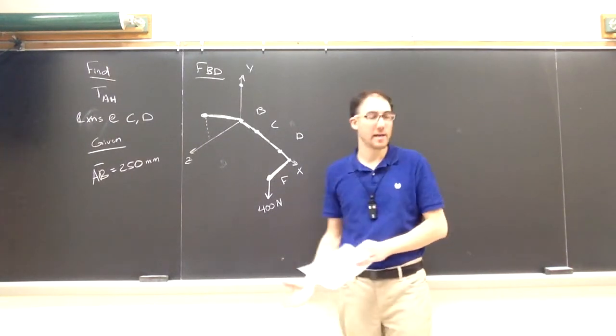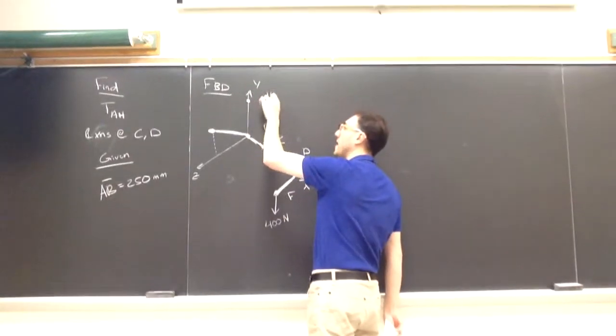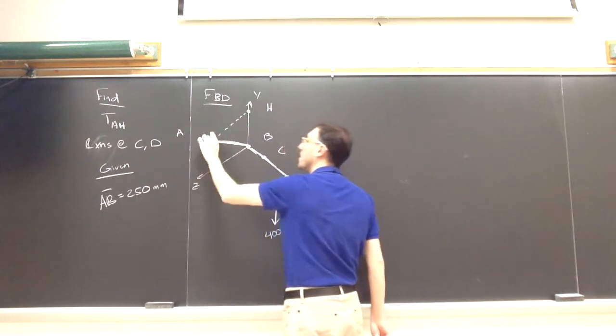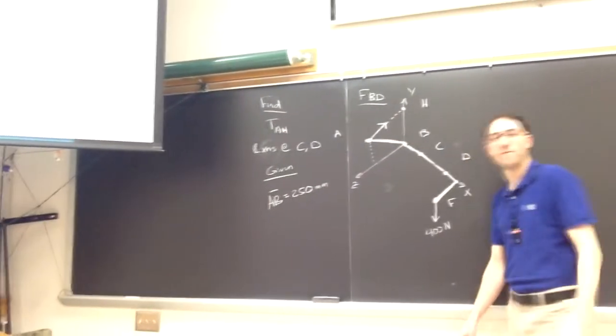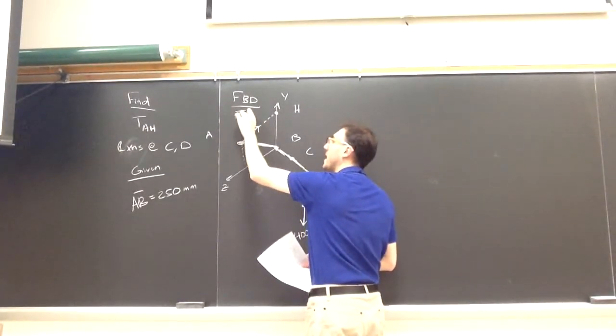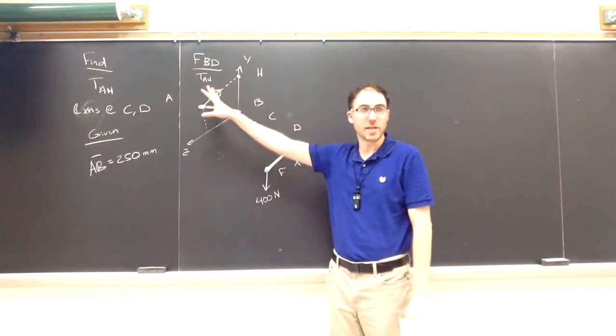Ropes only impart a force along their length. So from A to H, we'll have a force pointing from A towards H, and that's the tension in AH. Okay, so that's the easier step.